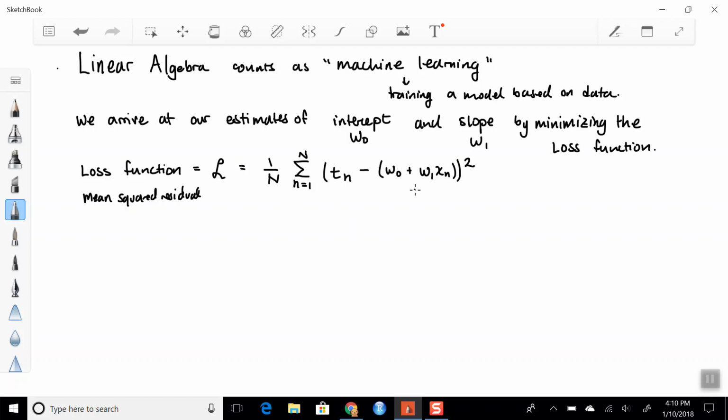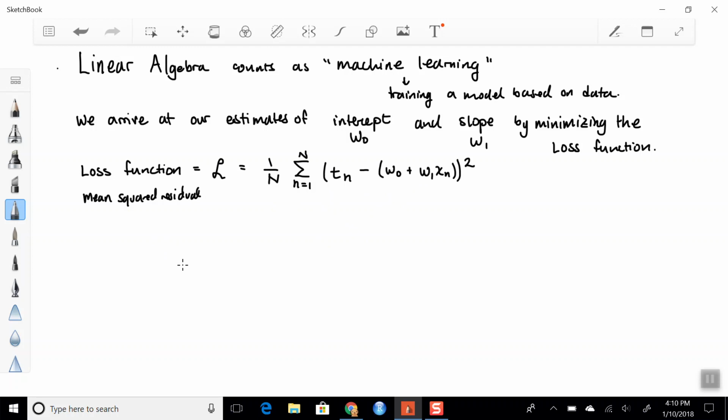And we said we can minimize this. We take the derivative of the loss function L with respect to w0 and w1. We solve for them. We arrive at the estimates of w0 and w1 that minimize this loss function. Okay, and that's what we did on Monday.